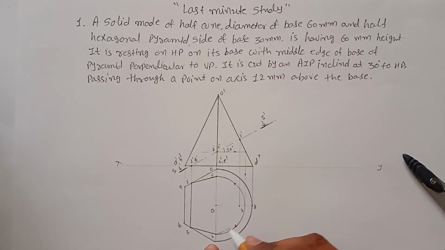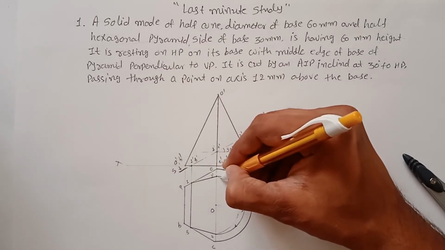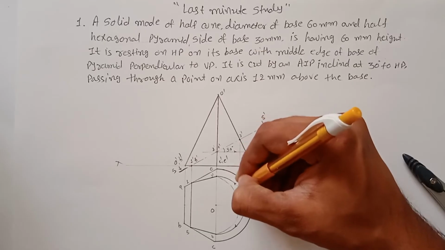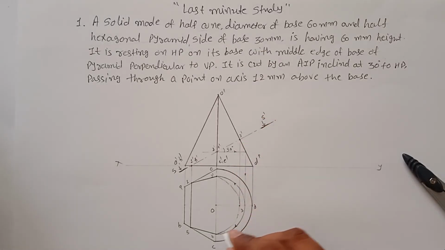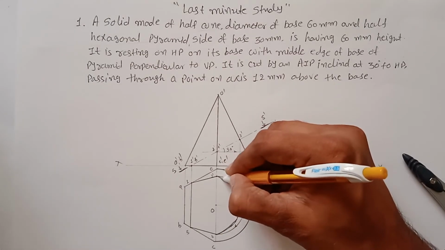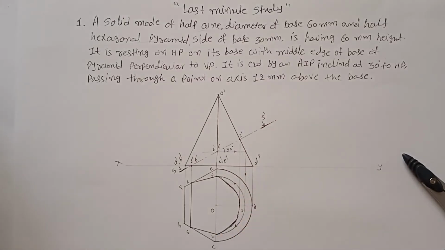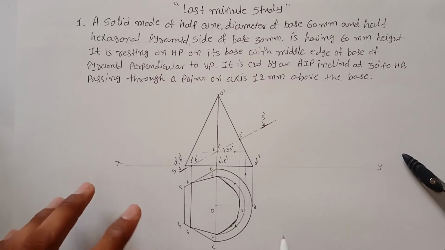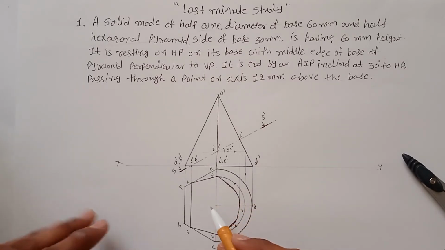Actually you have to divide the circle into some number of parts to find intermediate points, but we don't have any intermediate points, so you have to draw it like this. So this is your cutting portion. If you observe it from the top, this portion is your cutted portion.